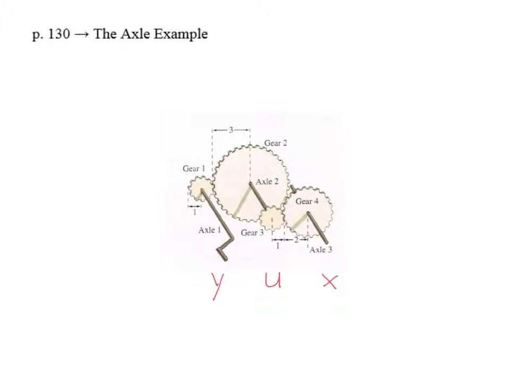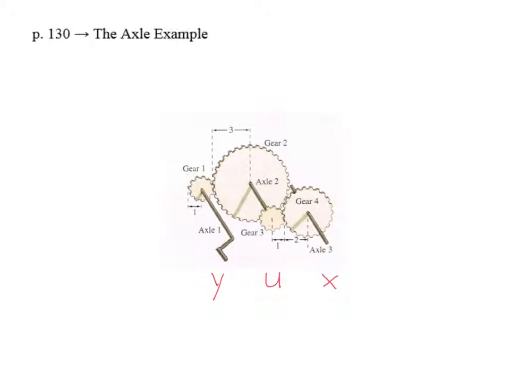And you can see they've actually given us the radii of at least the gears. Gear 1 has a radius of 1, gear 2 has a radius of 3, gear 3 also has a radius of 1, while gear 4 has a radius of 2. And so that can tell us something about how many times you'd have to turn axle 1 to get axle 2 to go around once.